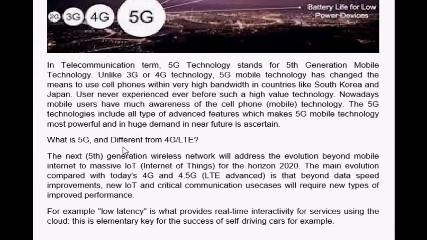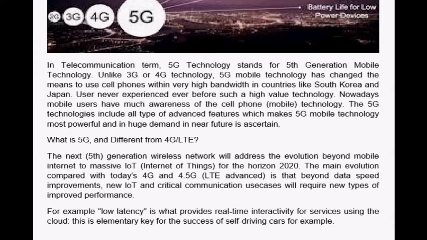What is 5G, and what is the difference between 4G, 4G LTE and 5G? The next, fifth generation wireless network will address the evolution beyond mobile internet to massive IoT, the Internet of Things, for the horizon 2020.